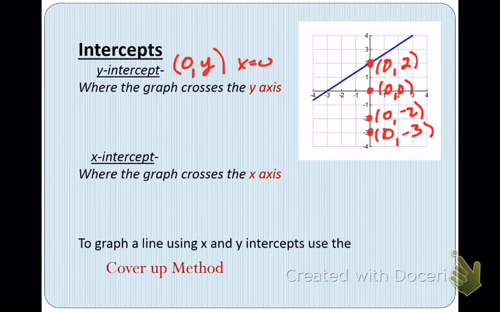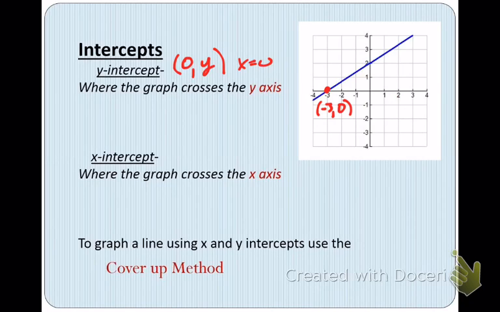Now, compare and contrast that with our x-intercept. So our x-intercept is right here. The coordinates for that x-intercept are (-3, 0). And as a matter of fact, if the graph were to hit here or here or here, all these points would have that one thing in common, which is all of the y-coordinates would be 0.